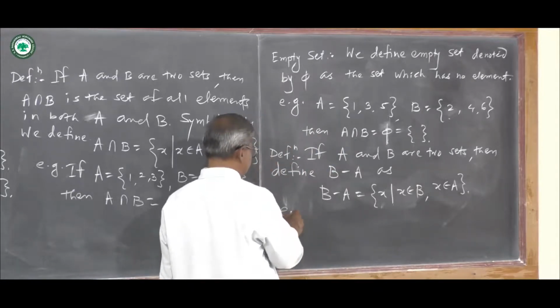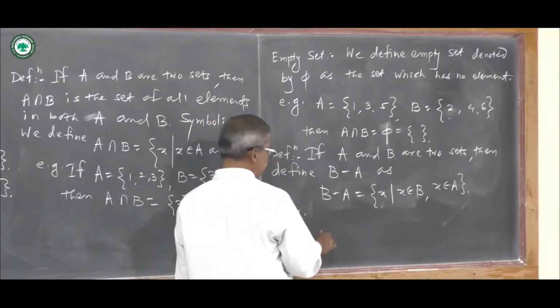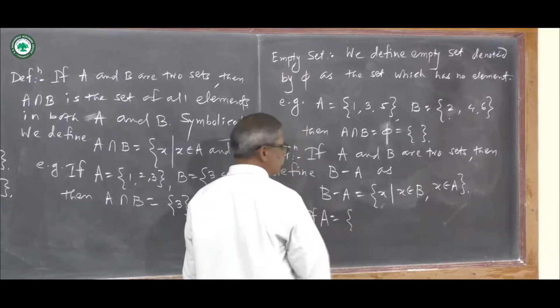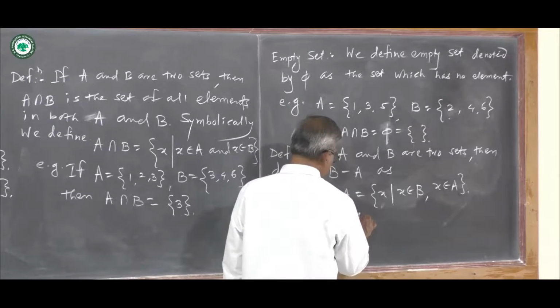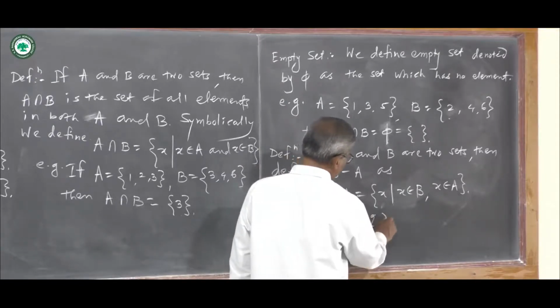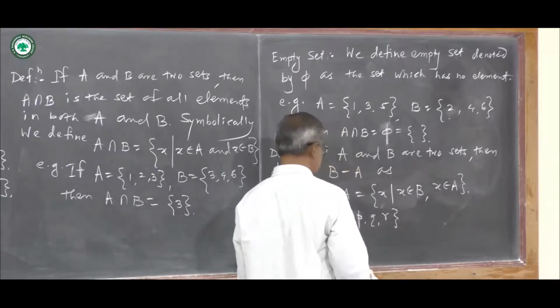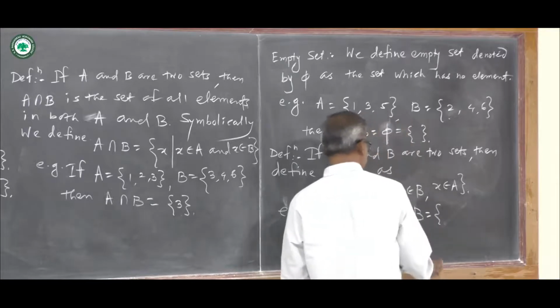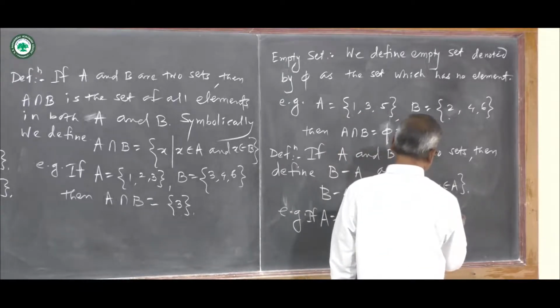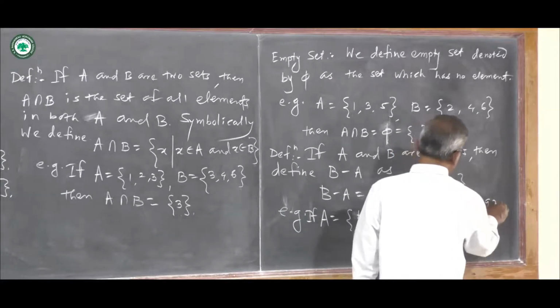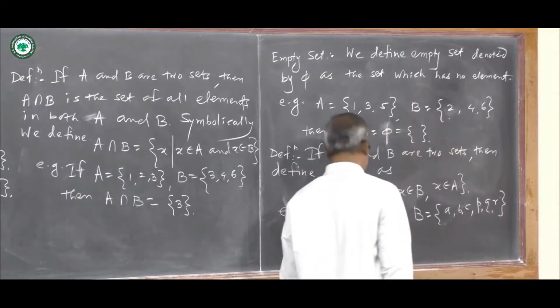For example, capital A is equal to {p, q, r}. Capital B is equal to {a, b, c, p, q, r}.